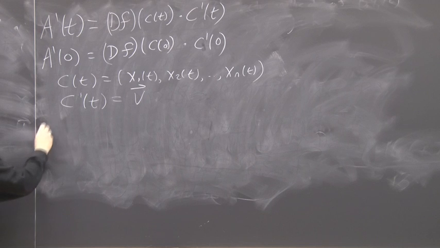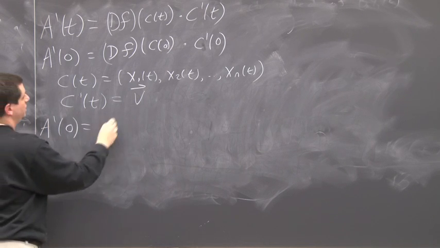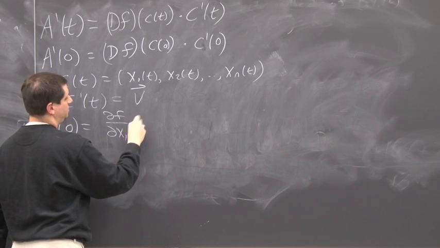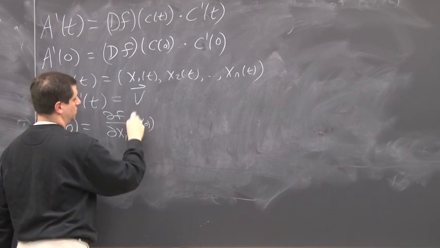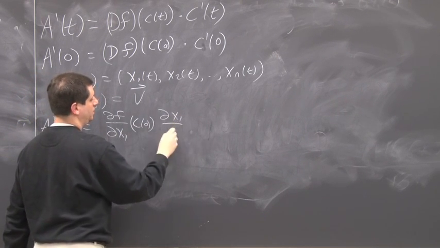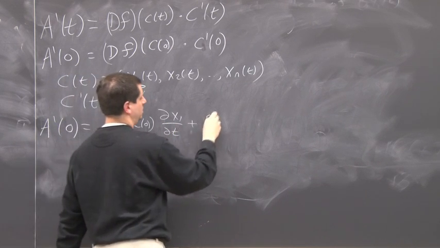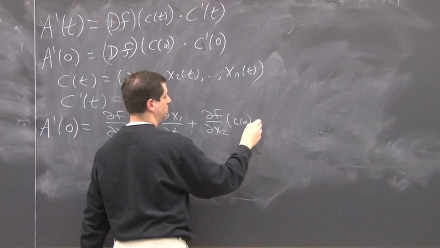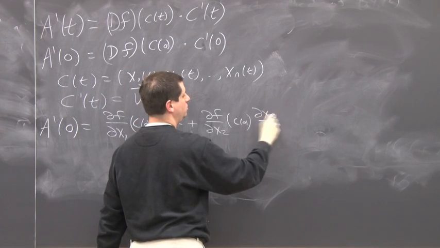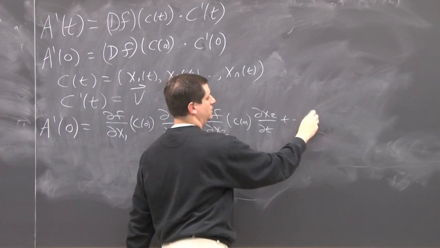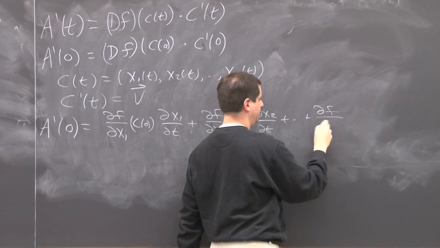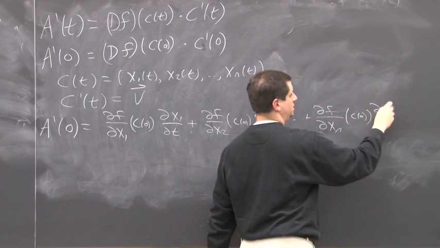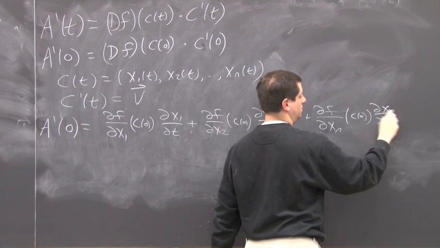And so what we get from the chain rule is a prime of 0 is df dx1 at the point C of 0 times dx1 dt plus df dx2 at C of 0 times dx2 dt plus yada, yada, yada, df dxn at C of 0 times dxn dt.